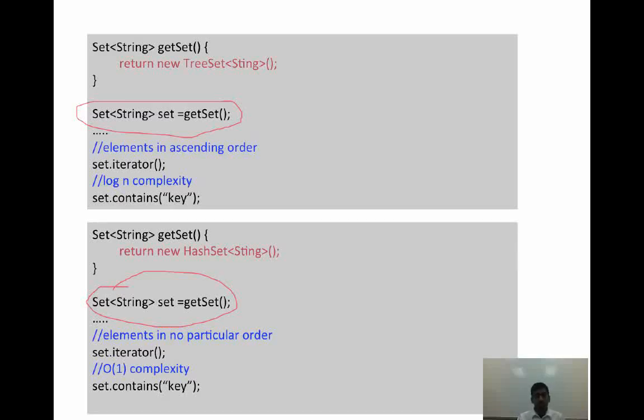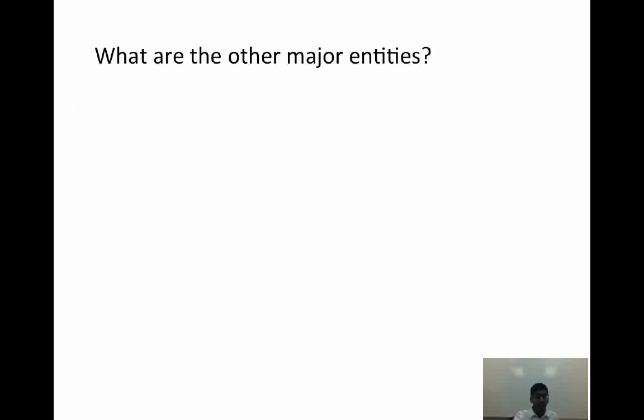So this is probably a very classic example of polymorphism where, depending on the underlying type, the same set object exhibits different behaviors. So that is a small digression just to look at a more concrete example of inheritance.